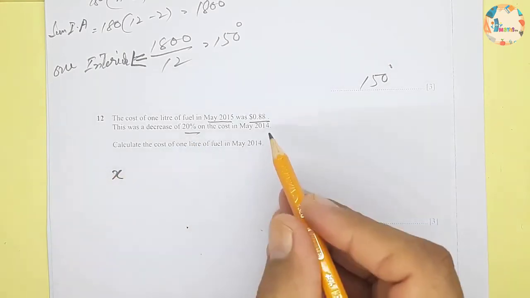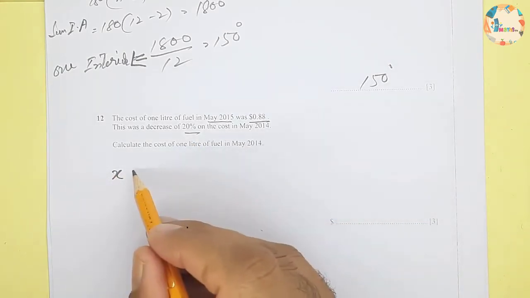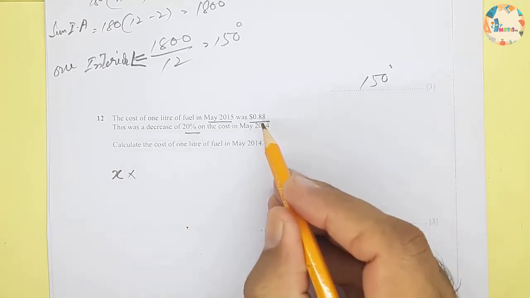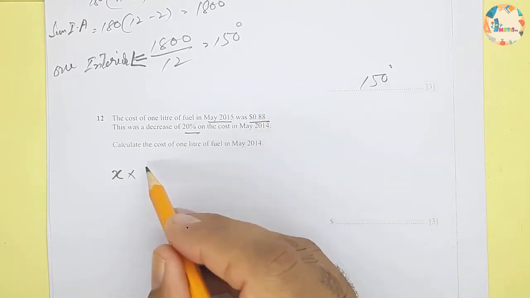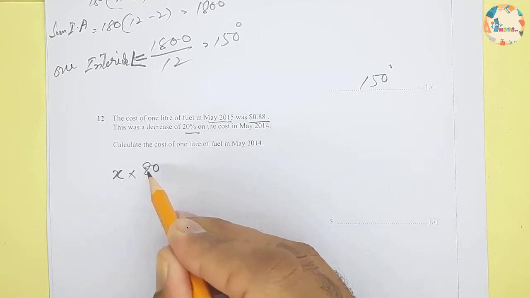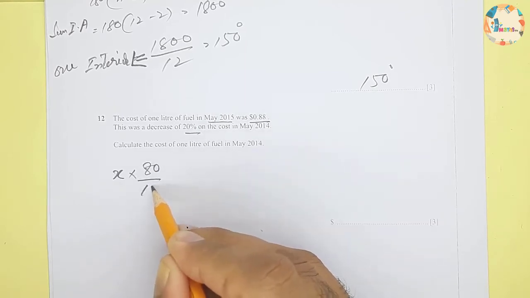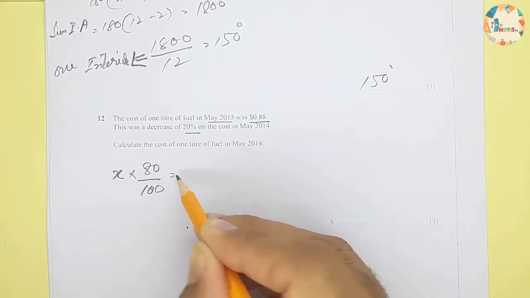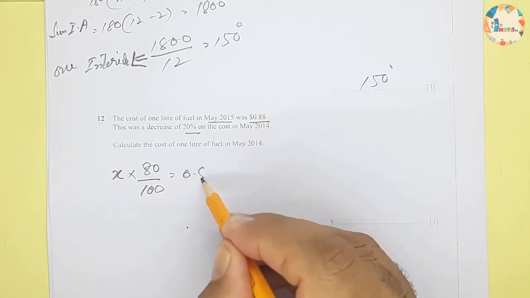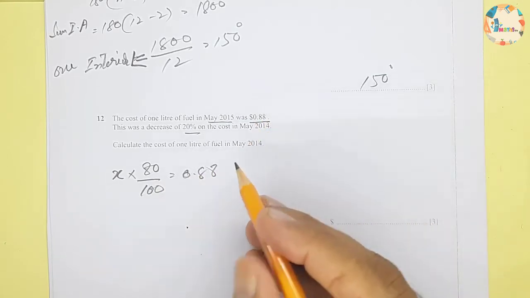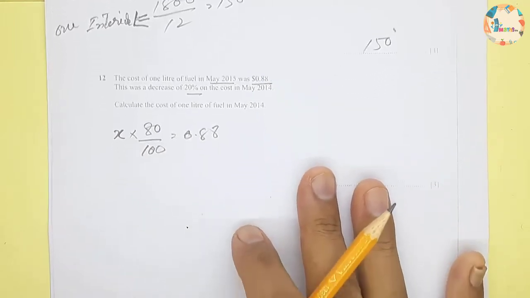So X was the price in 2014, and this one is 20. So after a 20% reduction we will calculate 80%. So 80% of X is equal to $0.88.